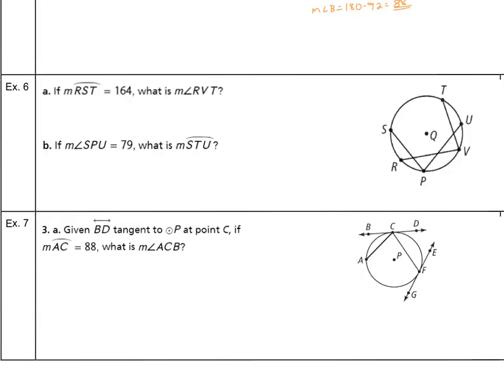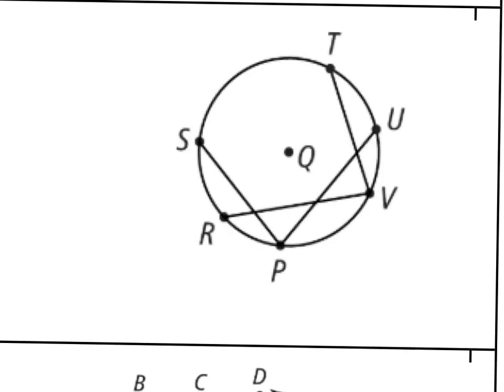Example 6. If the measure of arc RST is 164 degrees, what is the measure of angle RVT? So this is what we did before at the very beginning. This is going to be easy. Let's go to our circle. Just zoomed in a little bit. Okay, if the measure of arc RST is 164, I'm going to go from R over to S, up and around to T. There's my intercepted arc.